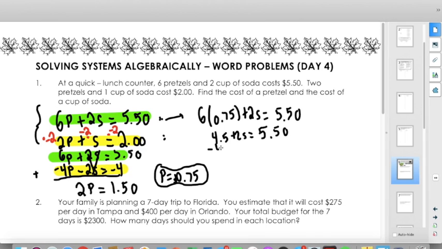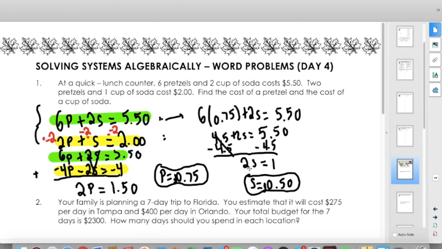Subtract 4.5 from both sides. It cancels out. So 2S is equal to, what is that, just 1? Yeah, equal to 1. Divide by 2. 1 divided by 2 is 0.50.